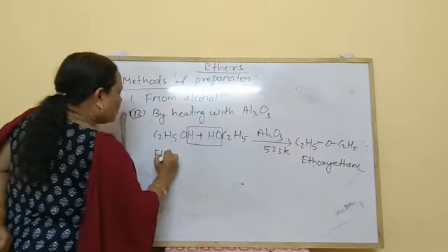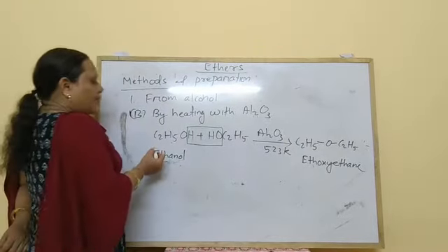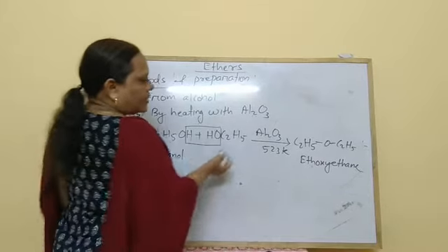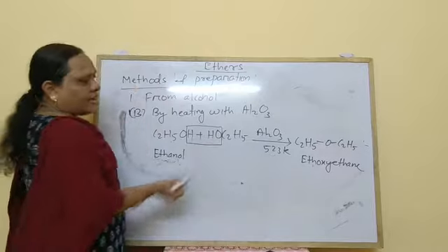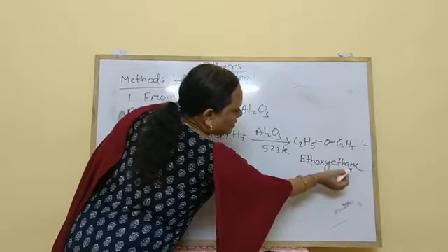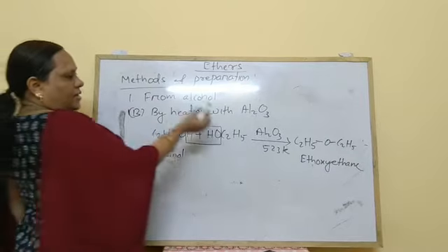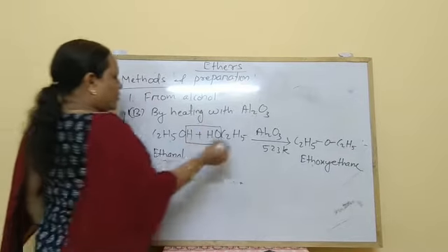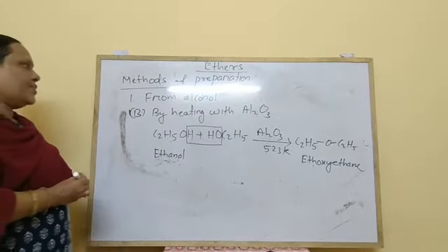Again I repeat, when ethanol is heated with alumina at 523 Kelvin, it forms ethoxyethane. So when an alcohol is heated with alumina at 523 Kelvin, it forms an ether.